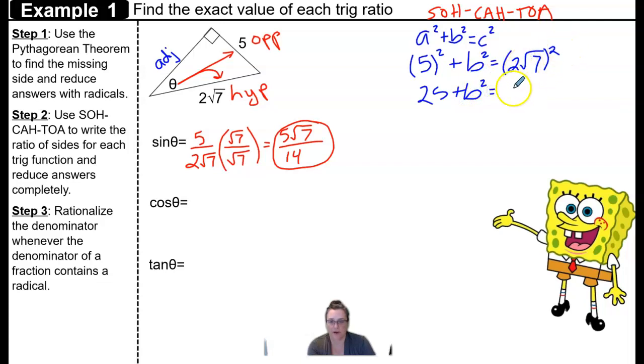And 2 squared is 4, and then that's times the square root of 7 squared, which is 7. When we go to get b by itself, we're going to have to square root both sides. And 4 times 7 is 28. And we subtract the 25 from the other side. And so the length of side b is exactly equal to the square root of 3.